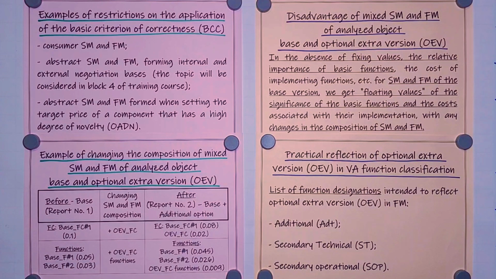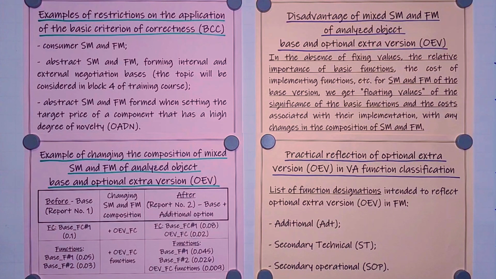The limitations of the application of the basic criterion of the correctness of the classification of structural and functional models can be attributed to the first approximation. Abstract consumer structural and functional models are formed during the consumer's decision-making process when there are several analogs of consumer goods on the market.